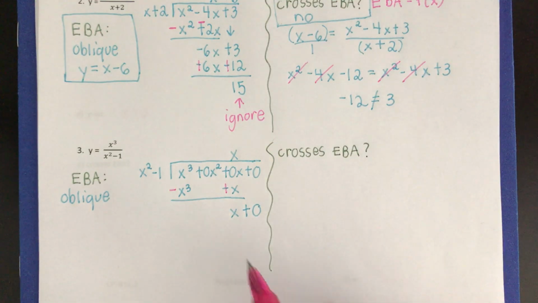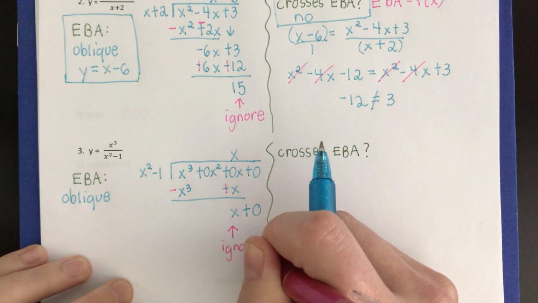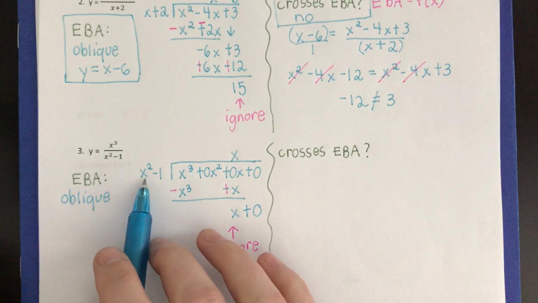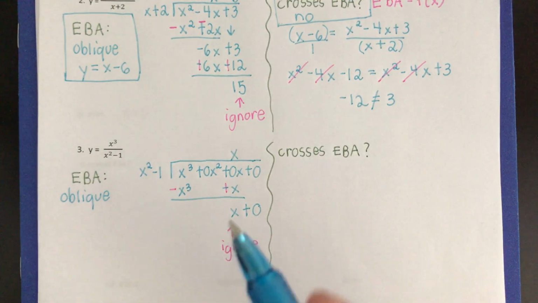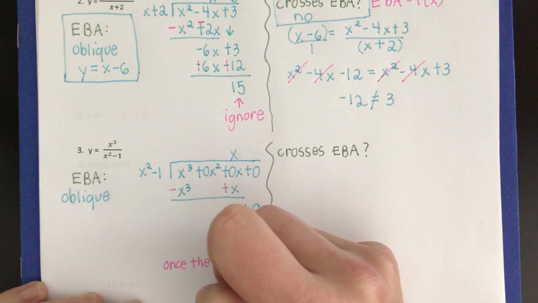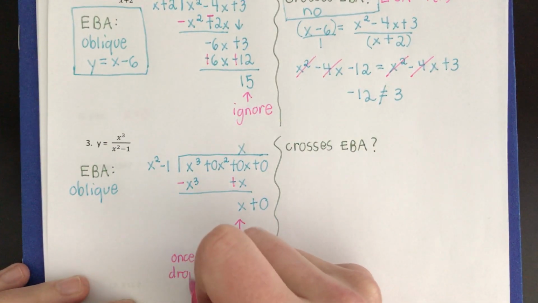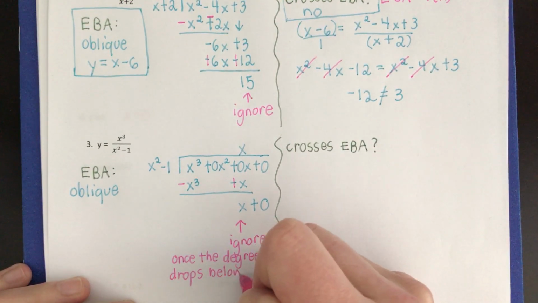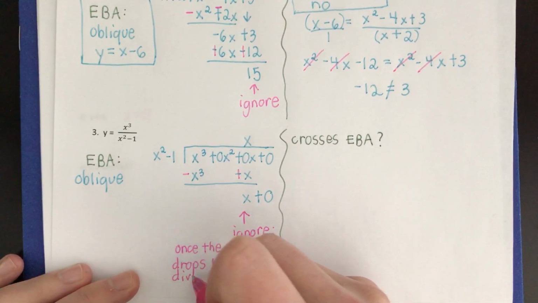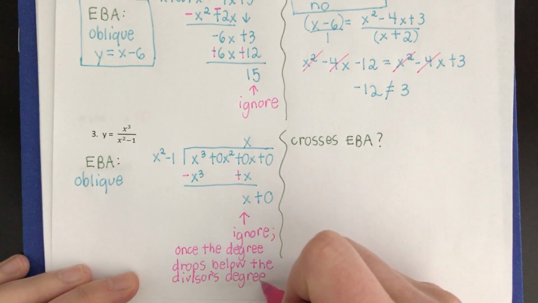But then what happens is you're going to ignore this. This is called your remainder. Here's why. X divided by x squared would give us a remainder, something in the denominator. Okay, so once the degree drops below the divisor's degree, we can stop.